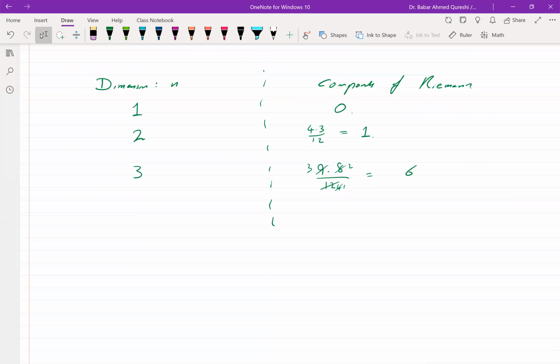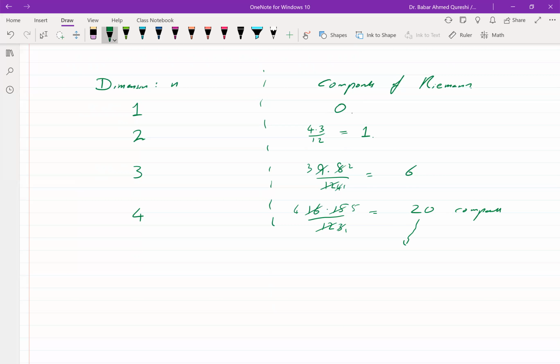In 4 dimensions, which are most important for us, you have 16 into 15 over 12, so 20 components.